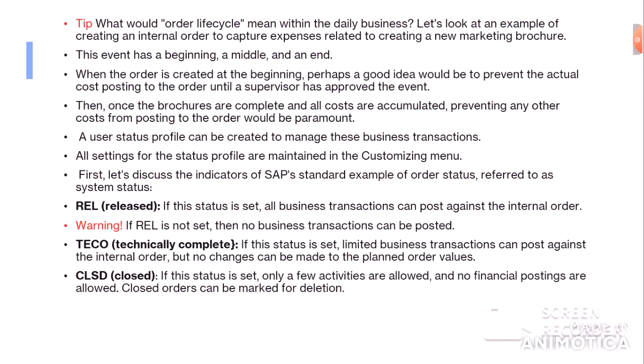So here we will see a small tip. What would order life cycle mean within the daily business? Let us look at an example of creating an internal order to capture expenses related to creating a new marketing brochure.